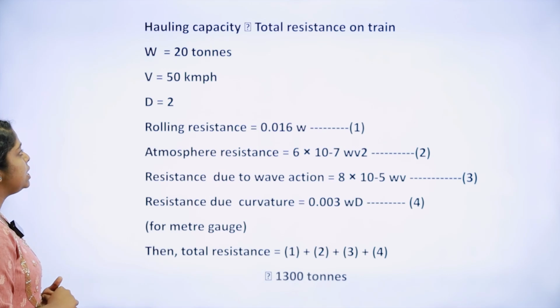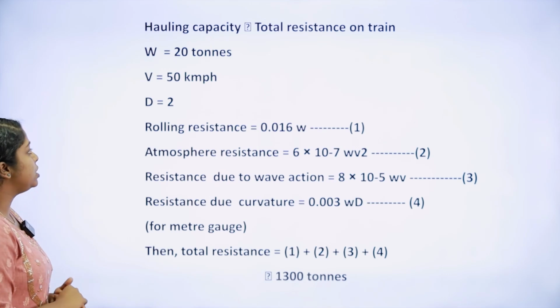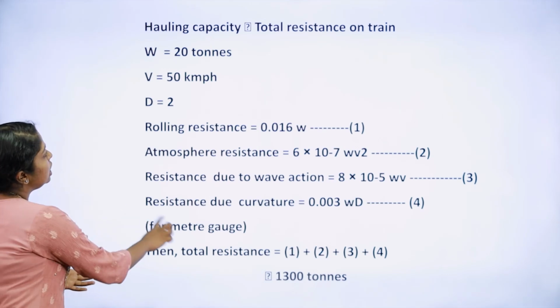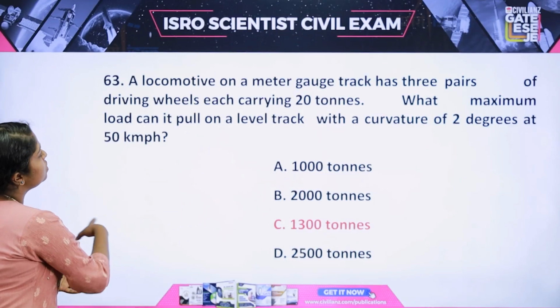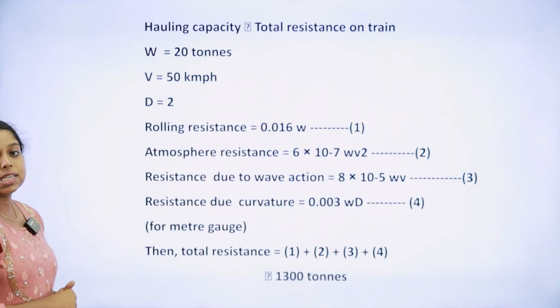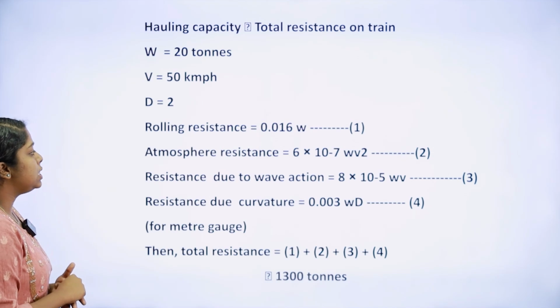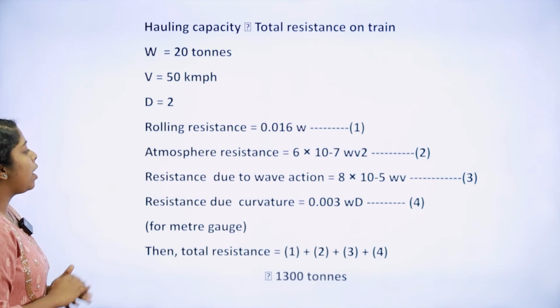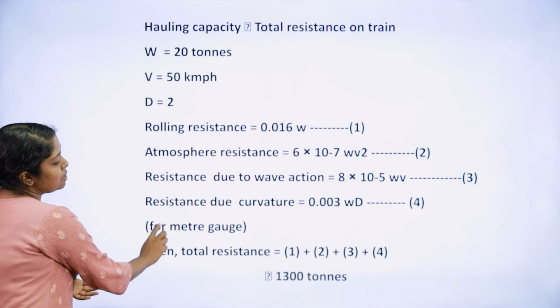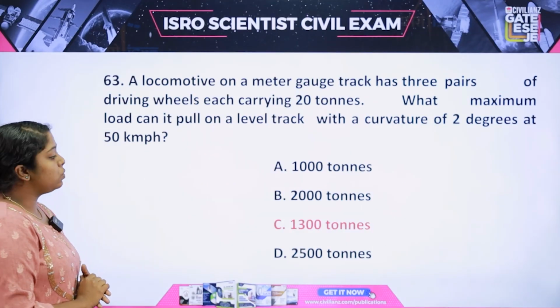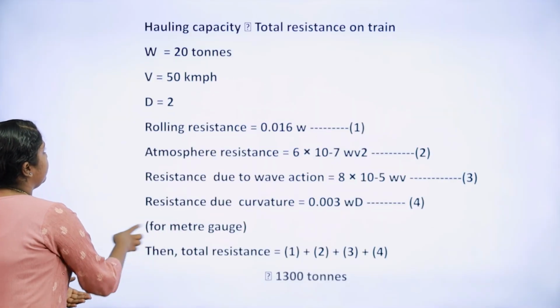W is equal to 20 tons and V is equal to 50 km per hour. The D is given as 2, that is the degree of curvature is 2, and the rolling resistance is 0.016 W. On substituting in the equation, we will obtain the answer as 1300 tons. So, this is the right answer.